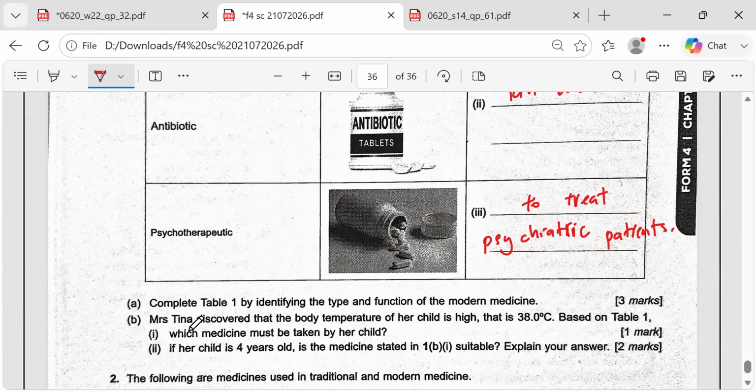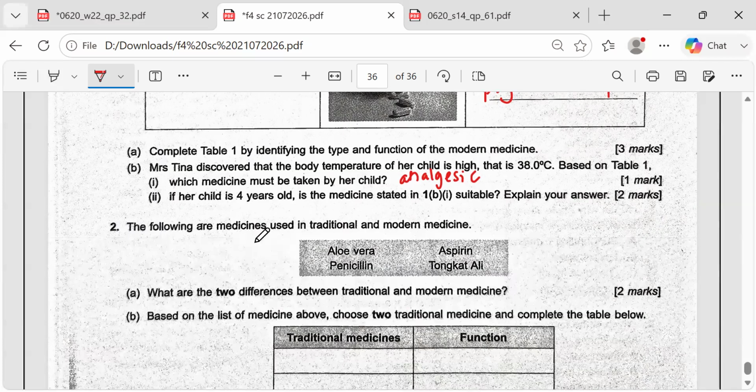Mrs. Tina discovered that the body temperature of a child is high. Which medicine must be taken? Analgesic. Panadol, basically. If a child is 4 years old, which one is not suitable? What did I say that day? Do you remember? Aspirin. Is the medicine stated in 1B suitable?